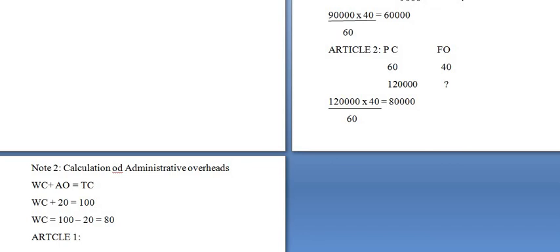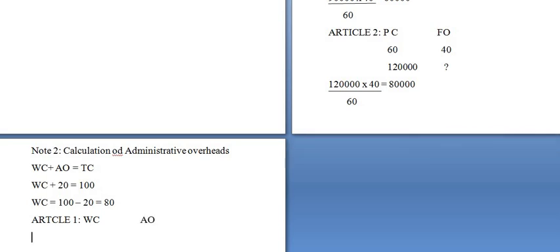Now here work cost, then administrative overheads, right? Now work cost is how much? 80. Okay, here we have got, and administrative overheads is 20. Okay, now go through the chart.